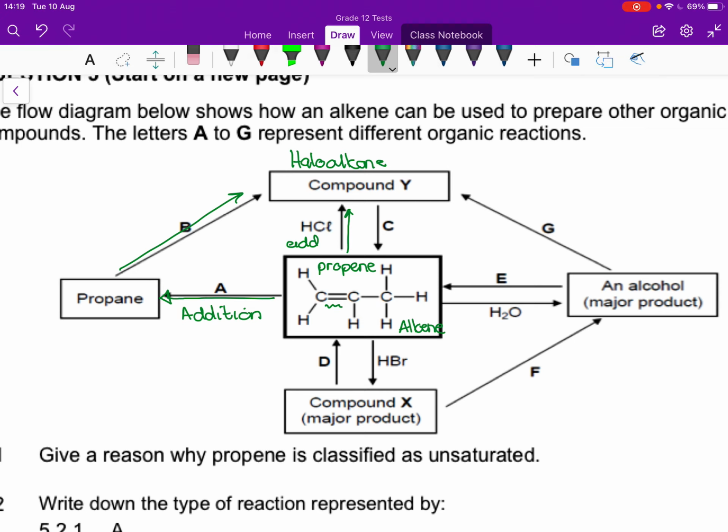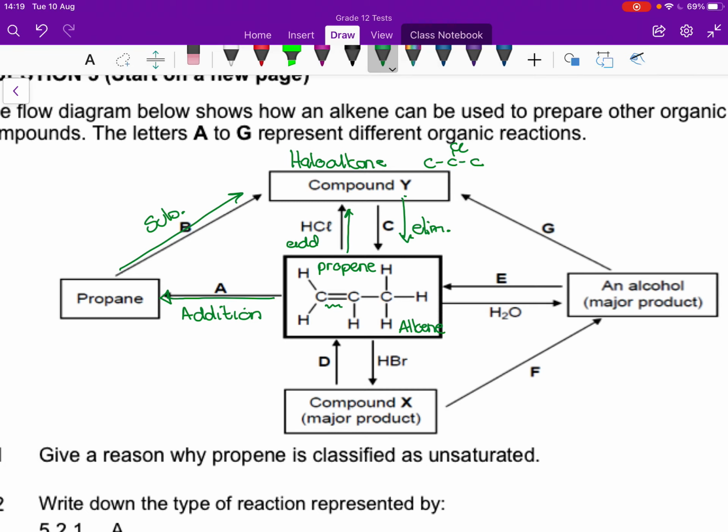The chlorine's going to go on the second one, so it's going to be 1, 2, 3. The chlorine's going to go over there. But for propane to turn into a haloalkane, we have to have a substitution reaction because our hydrogen comes off. It's all still single bonds. To go from a haloalkane to propene, which is C, we have to eliminate. So this is an elimination reaction because I'm now creating double bonds.